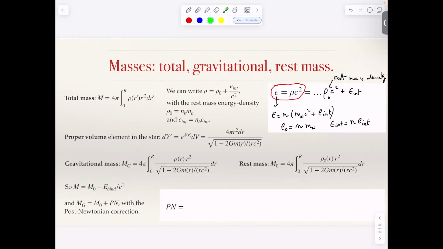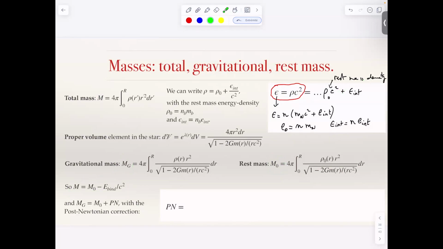But you can also say that the difference between the gravitational mass M_G and the rest mass M_0 originates from the internal energy, and we have seen that this internal energy is a relativistic correction.